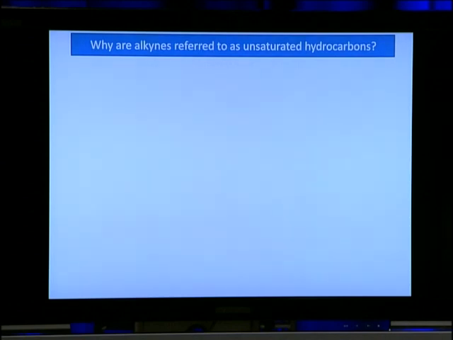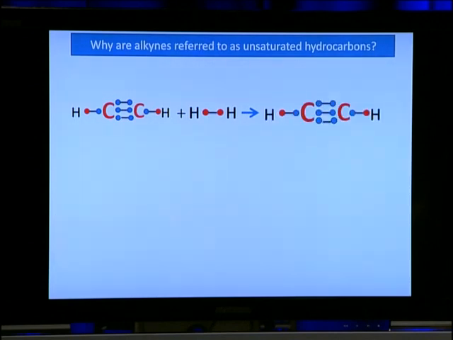Now we still have not answered why alkynes are considered unsaturated hydrocarbons. To answer this question, let's consider this reaction, where the alkyne with the triple bond is combining with 2 hydrogen atoms. Remember, when there is a triple bond between 2 carbon atoms, 2 of the bonds are weak bonds that break easily, and then an addition reaction will take place.